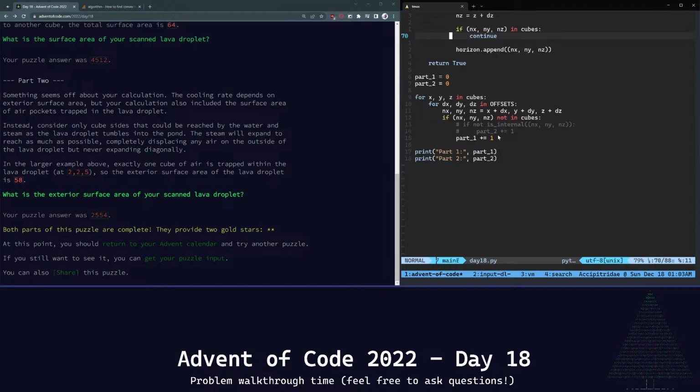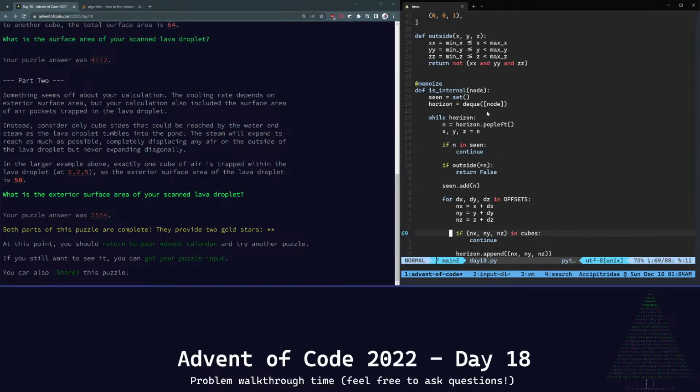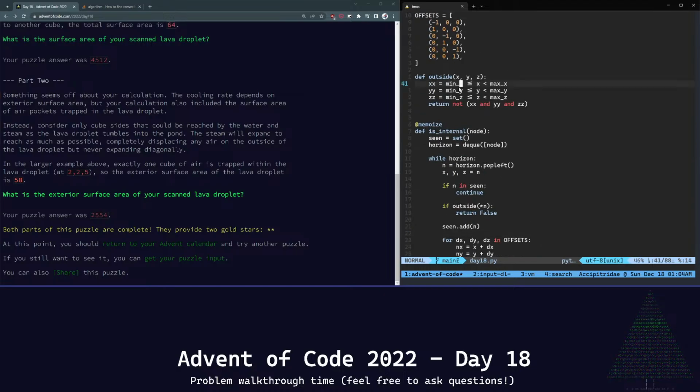If we can escape off into infinity with this graph search of trying to walk to neighboring adjacent cubes and keep on doing that, that means we are an exterior facing cube. If you can go off to infinity, you are an external facing cube because you were able to escape. If you do the graph search and you can't escape to infinity, then you must be an internal face.